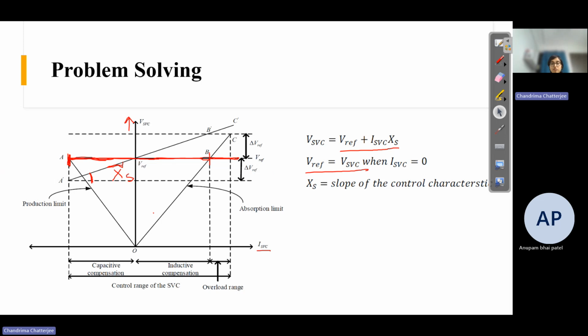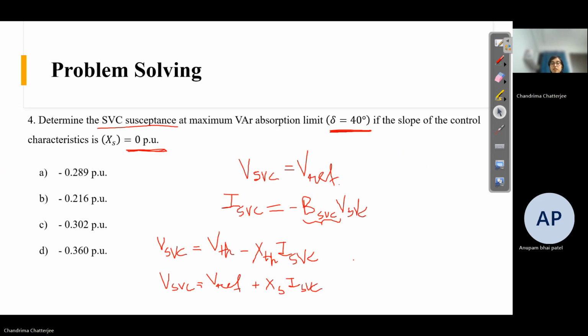So this is the slope, and VSVC is V reference plus ISVC times XS. Okay. If you just look at these two equations, you can compare them, right? From both these equations, you can find out what is ISVC. Both are the expressions of VSVC.